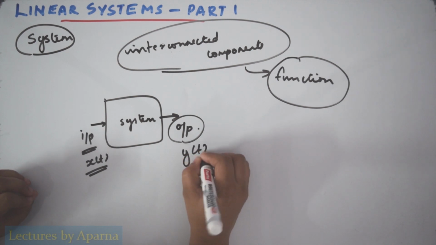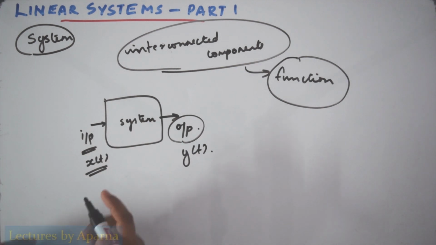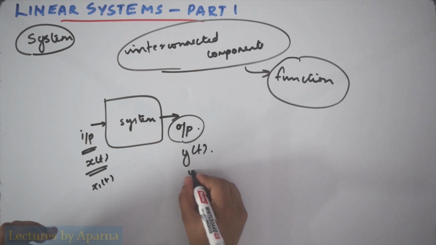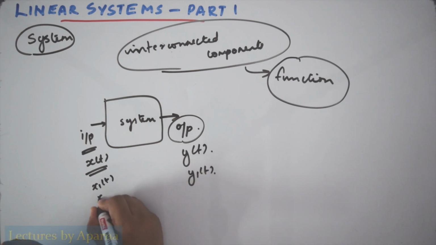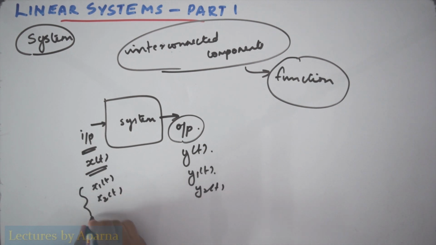Say let the output be y of t. Like this there can be distinct inputs, say x1 of t. For x1 of t it may produce an output of y1 of t. For x2 of t it may produce an output of y2 of t. So there will be distinct inputs and distinct outputs for a system.